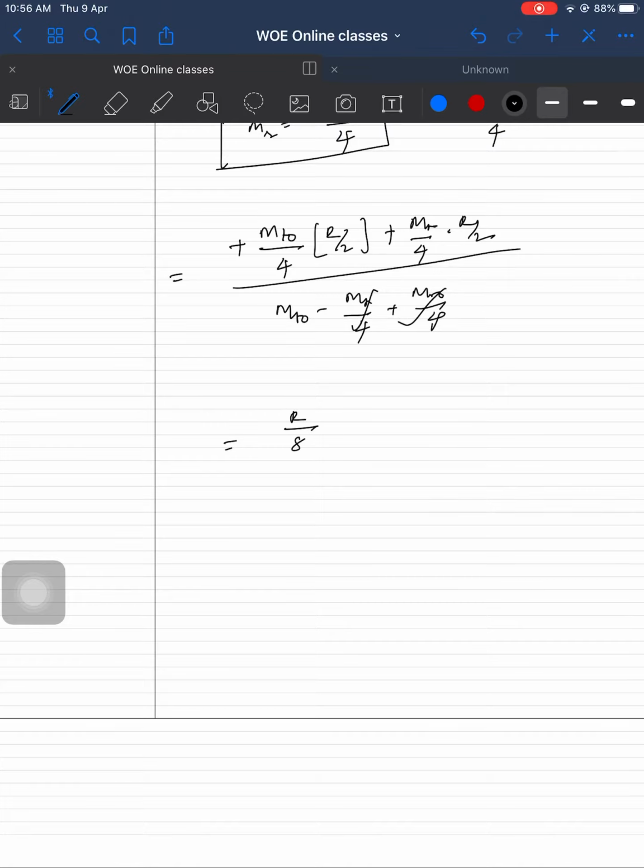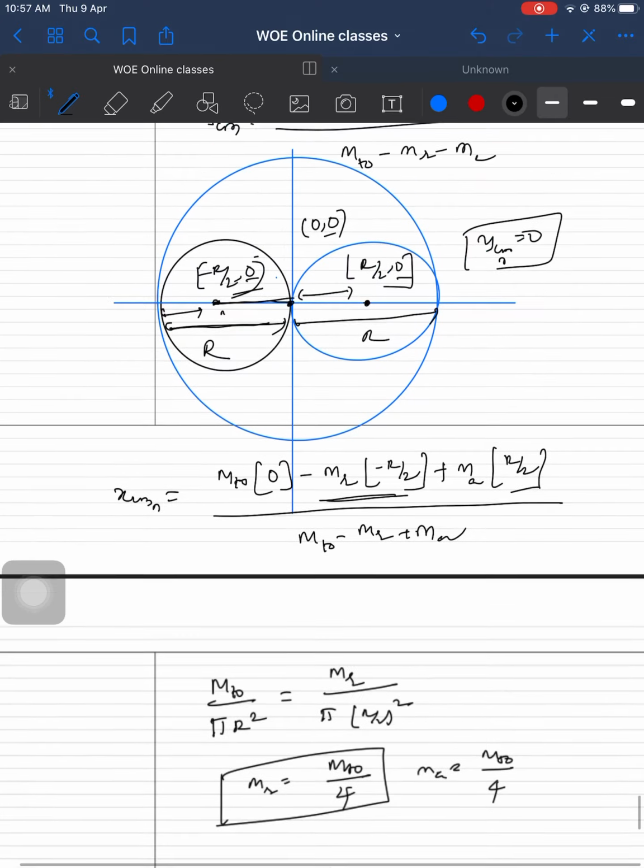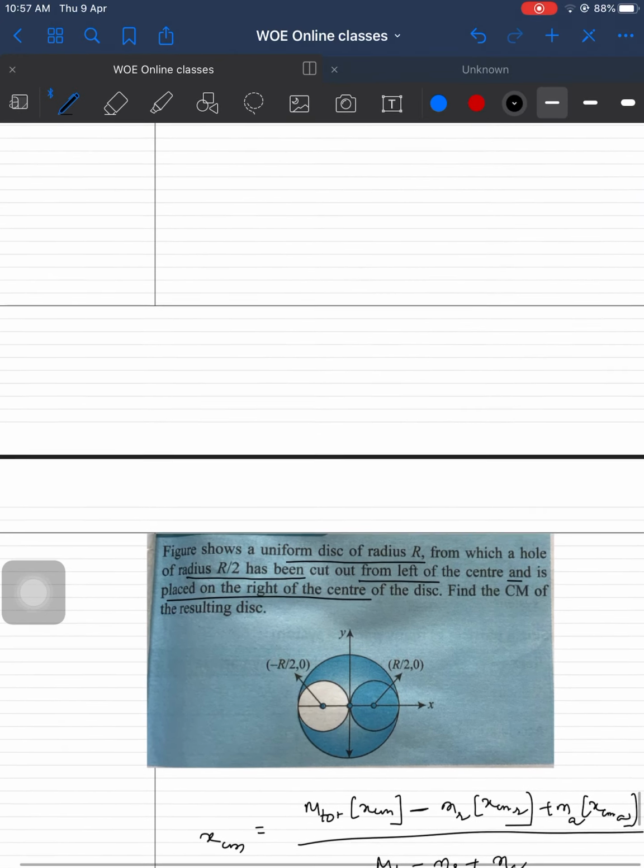R by 8 plus r by 8 is equal to r by 4. Okay, the center of mass is shifted to r by 4th position. Now the new coordinates are plus r by 4 comma 0. This is the center of mass position. Okay, removed and added cases.